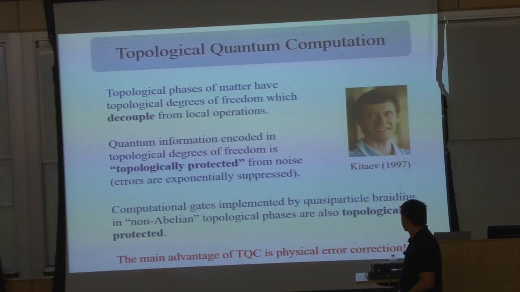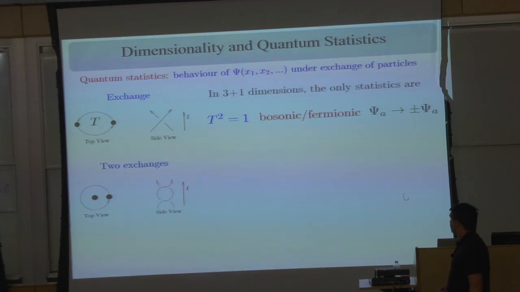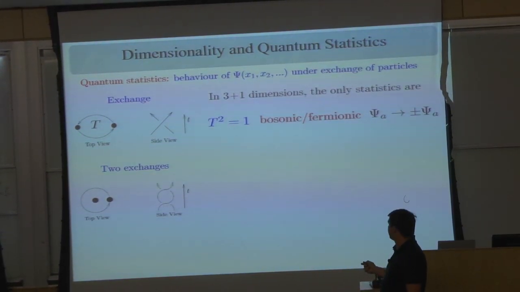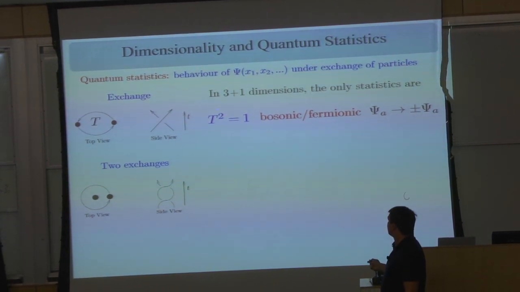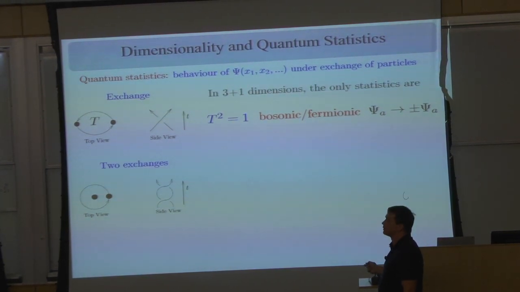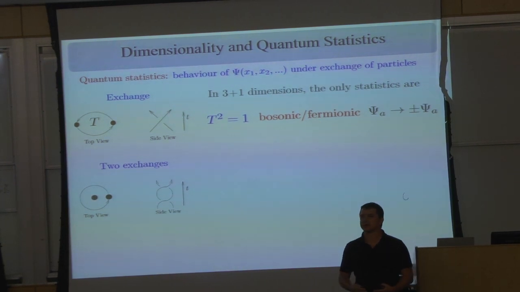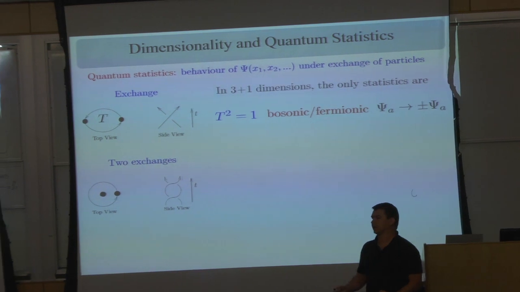Okay, so what's the basic idea? The basic idea goes back to the fact that, unlike in 2 dimensions, in 3 dimensions the exchange operation is trivial, in the sense that it gives you just either plus or minus 1, and we know that because in 3 dimensions we only have fermions and bosons.